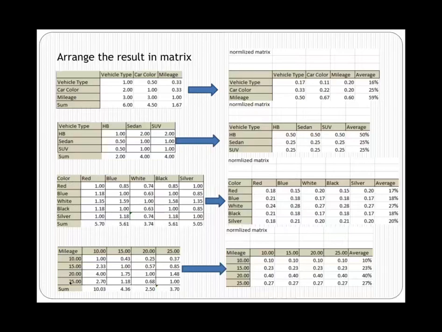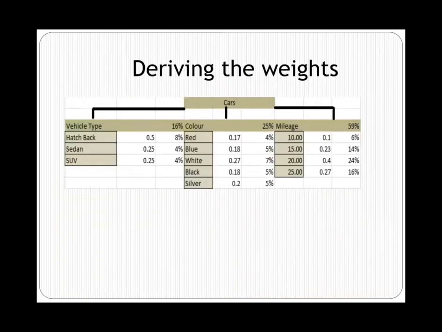Now how do we analyze this? Vehicle type has a weightage of 16%, color has a weightage of 25%, mileage has a weightage of 59%.